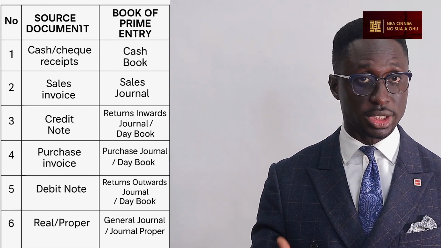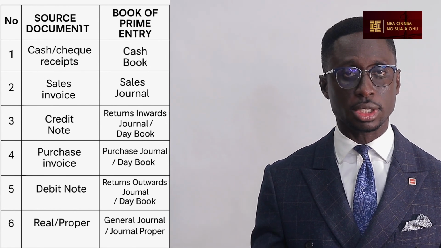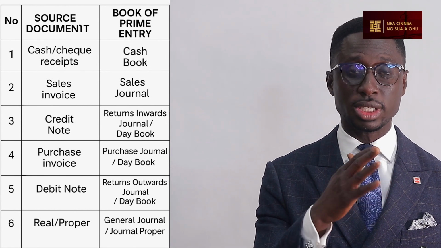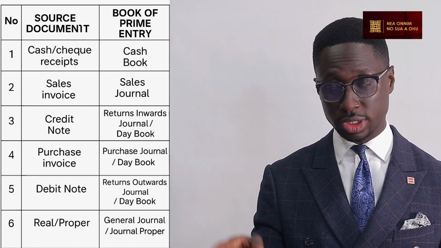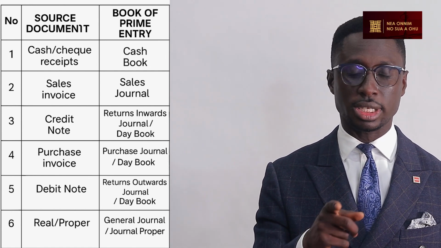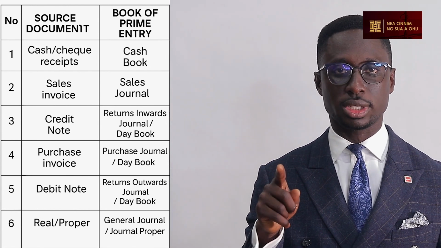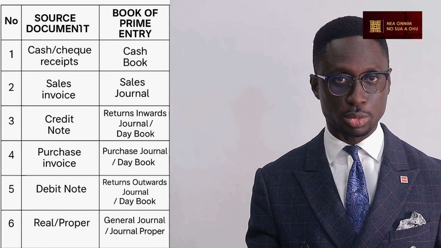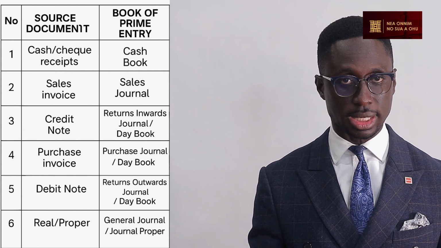I hope that is clear. Good. So whereas the sales invoice will go into the sales daybook or sales journal, the credit note will go into the return inwards daybook or return inwards journal. I hope that is clear.